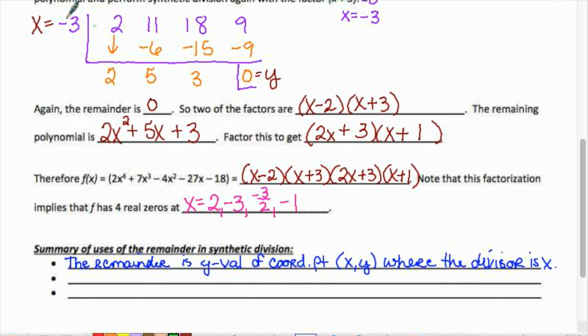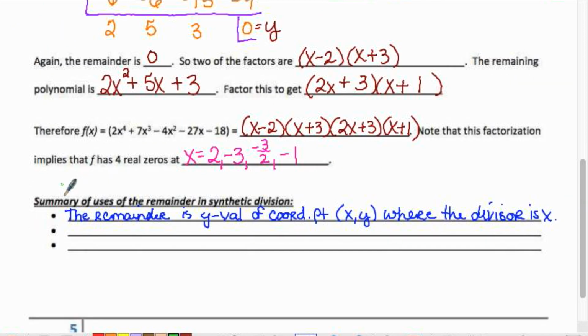So then we know that this is actually an x-intercept, or a 0 of the function. So the remainder helps us because it's the y value of the coordinate point where your divisor x, so you'd have your x and x comma y. Okay, if r equals 0, then x minus k is a factor of the polynomial, and that's what we just got through working with above.